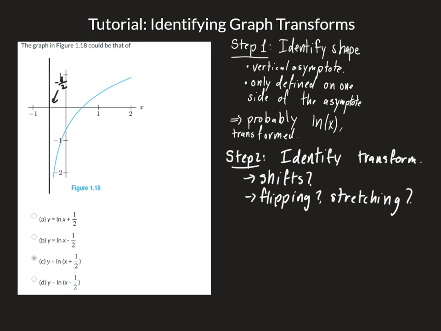So we notice that our asymptote is at negative 1/2 instead of 0.